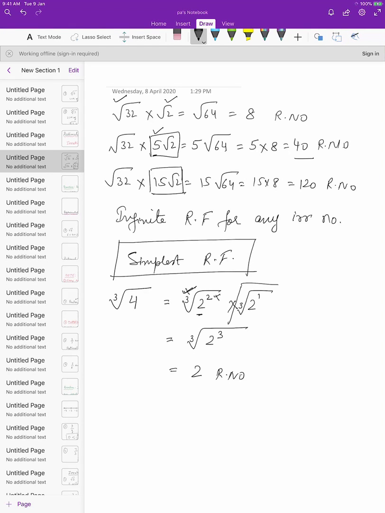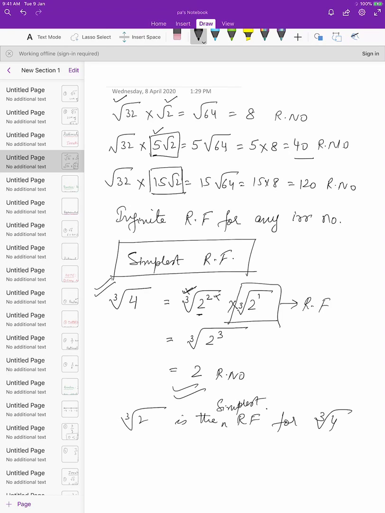It means this was the number which converted the given irrational number, cube root of 4, into a rational number, that is 2. So cube root of 2 is the rationalizing factor for cube root of 4, in fact the simplest rationalizing factor.